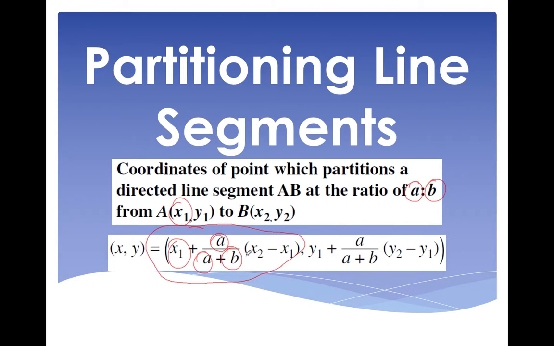This x2 is representing the second x coordinate, and this x1 is once again the first x coordinate of the first point. It's the same thing for the y's. The y1 is representing this y1, this a is still representing that a, this b is representing that b, this y2 is representing that y2, and this y1 is representing that y1. So it's just a formula, but you have to make sure you know where all the corresponding parts go.